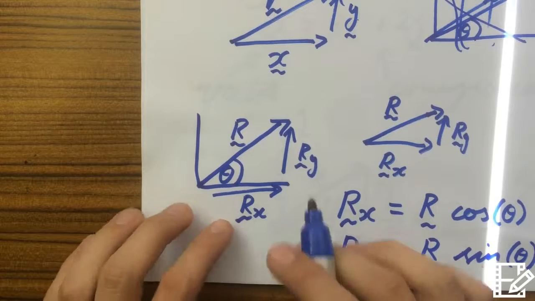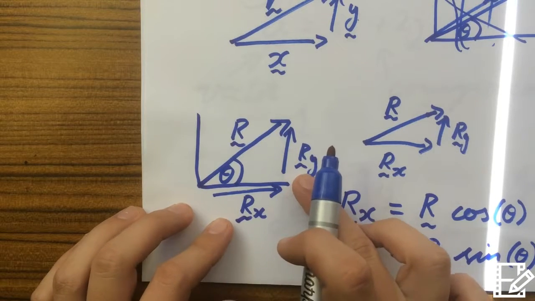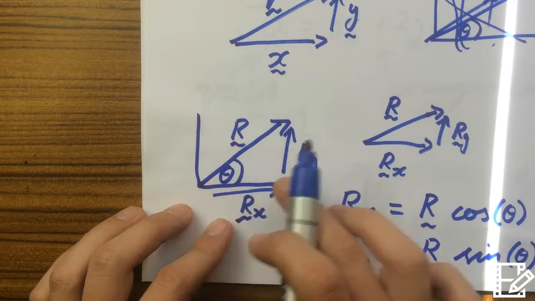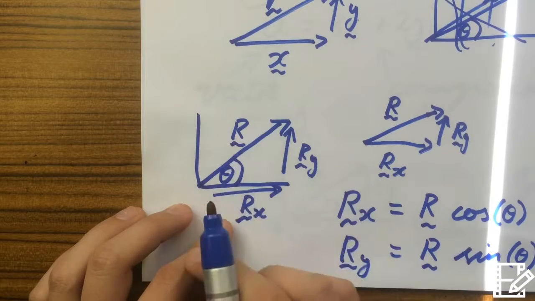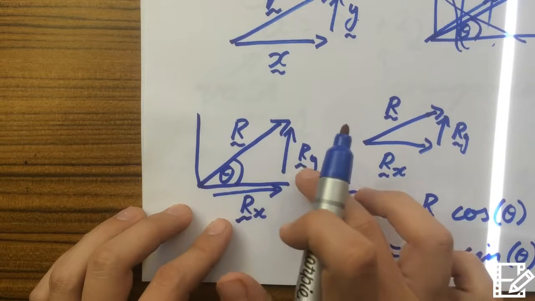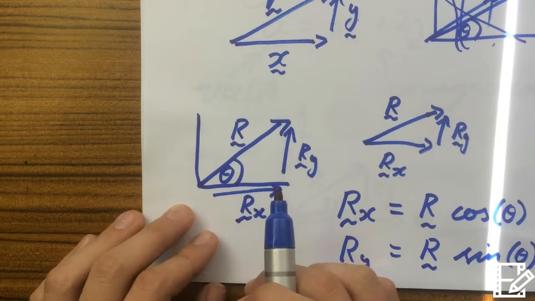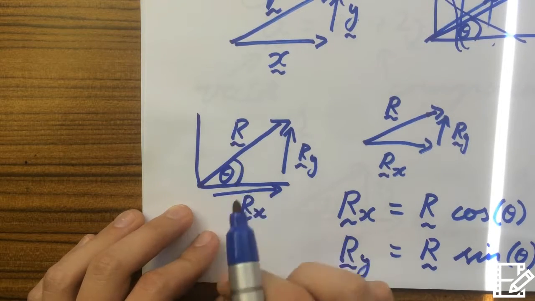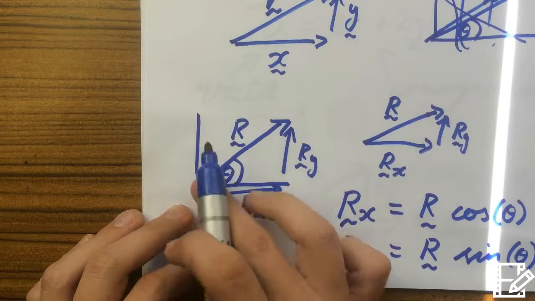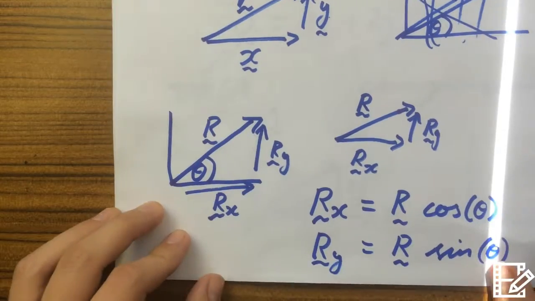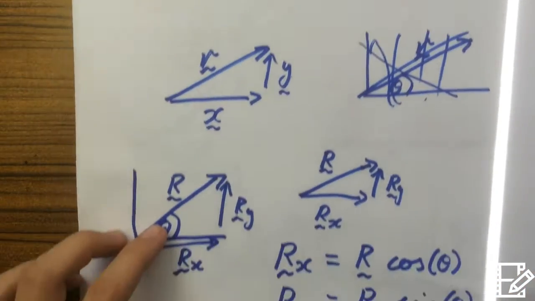It basically means that sine theta equals opposite over hypotenuse, so this is just rearranged so you can find Ry from the angle and the magnitude. Same with Rx: cosine is adjacent over hypotenuse. So that's how that works. I'll explain those a bit when I teach that video.